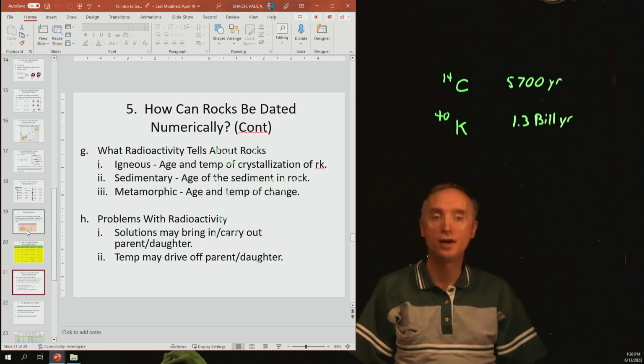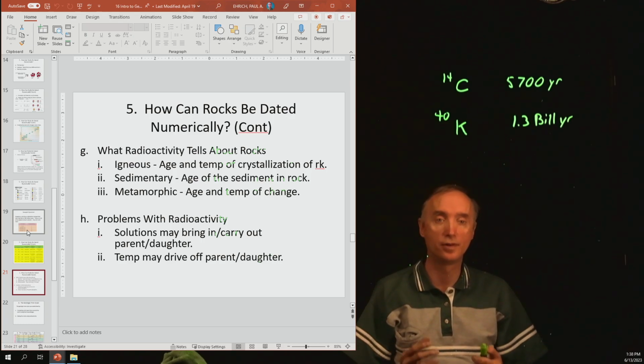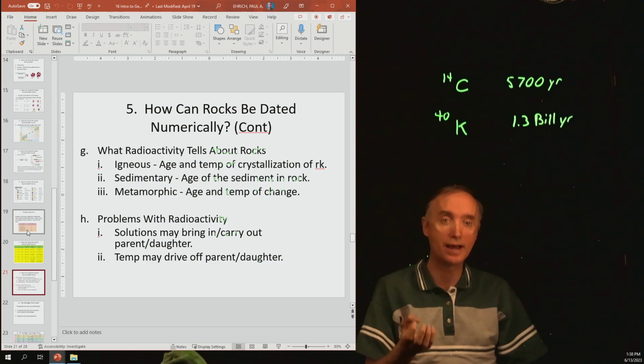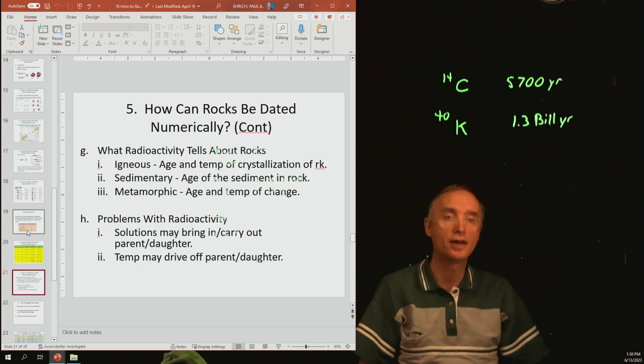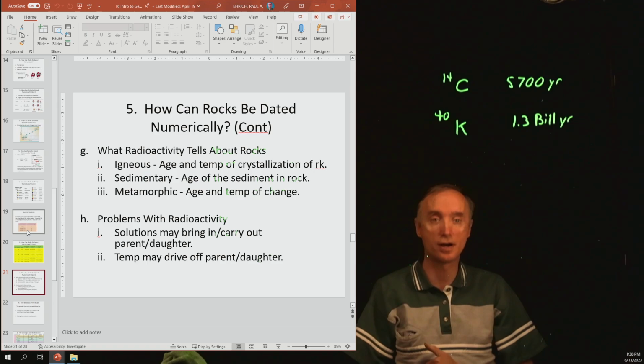So what does radioactivity tell us about the rocks themselves? If it's an igneous rock, it's going to tell you how old it was when it solidified. Igneous rocks come from magma, so as soon as it changes from magma into an igneous rock, that's when you start clicking your stopwatch.